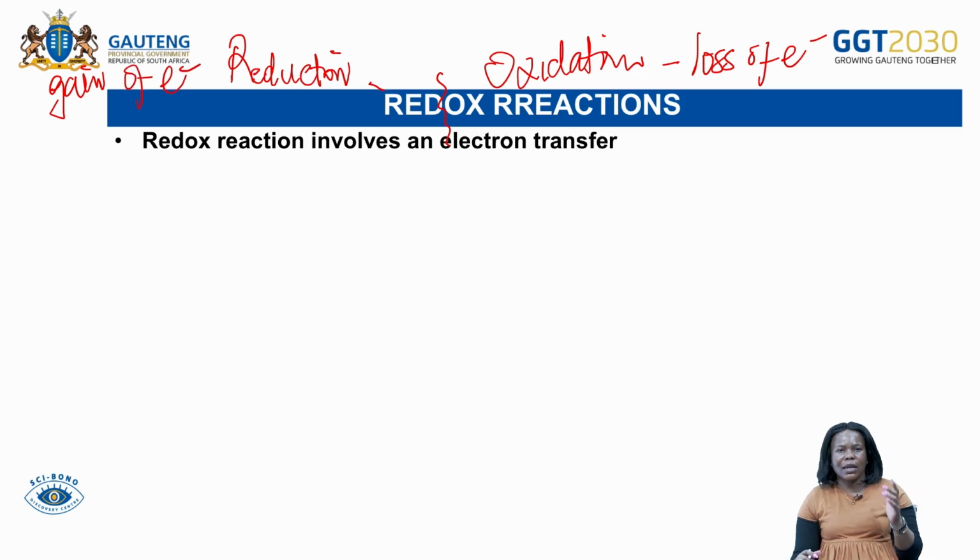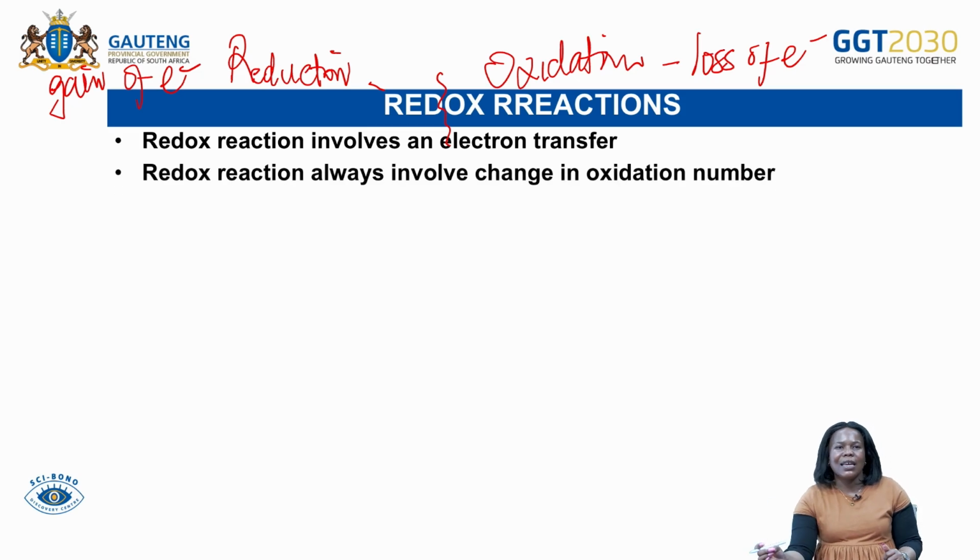Let's dive deeper again, slowly this time. We're also saying in this lesson that redox reactions always involve a change in oxidation number. So the oxidation number changes when oxidation happens and when reduction is happening. That is how we are able to identify that, due to the change in this oxidation number, there was oxidation, and due to this change in the oxidation number, there was reduction.